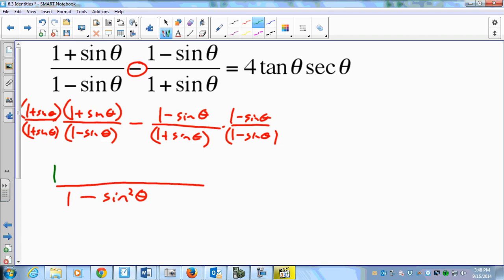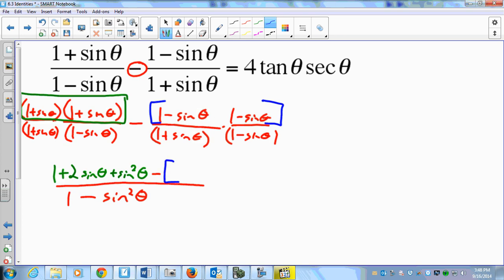I get 1 times 1 is 1 plus sine of theta plus another sine of theta. So I'm going to have 2 sine of theta. Sine times sine of theta is plus sine squared theta. So that's this numerator, right? And then I have a minus sign in here. And then I have this entire quantity that I've got to multiply out here.